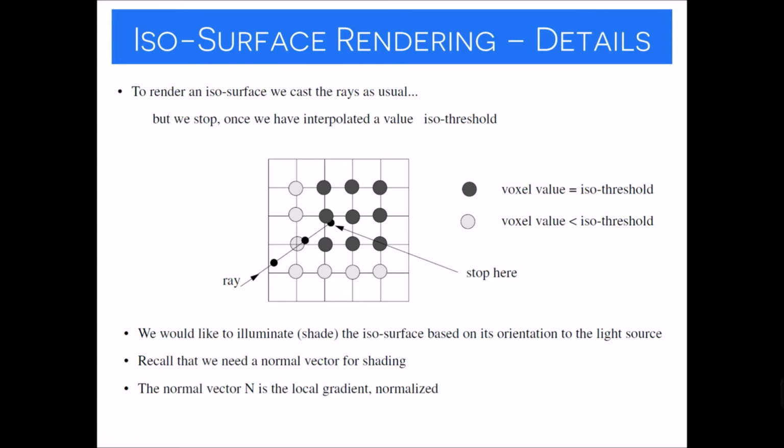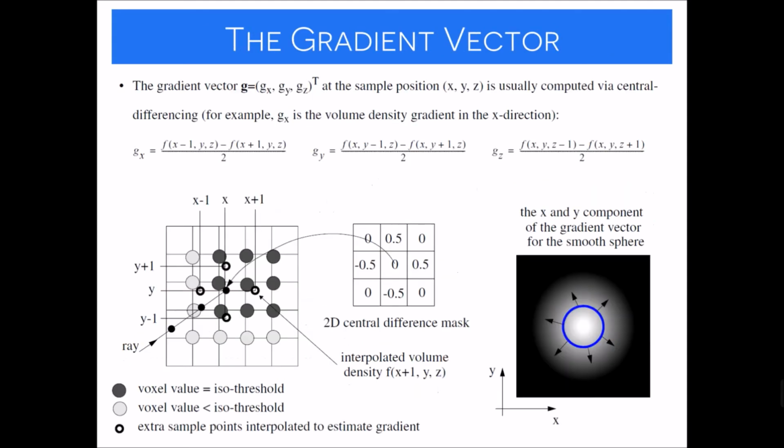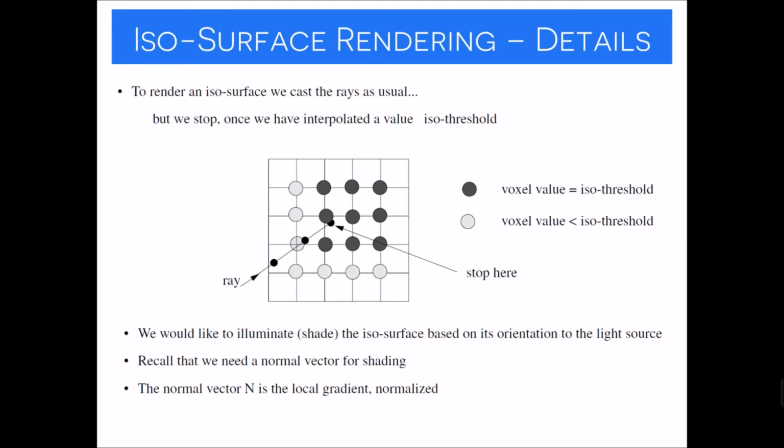Now you stop there. But remember what I told you about illumination and shading last time in class? You'll have to determine a normal vector, right? Normal vectors are really important for finding the specular and diffuse shading, because diffuse and specular shading will bring out the shape. If you don't use diffuse and specular shading, or at least diffuse shading, you don't really see these kinds of pictures.